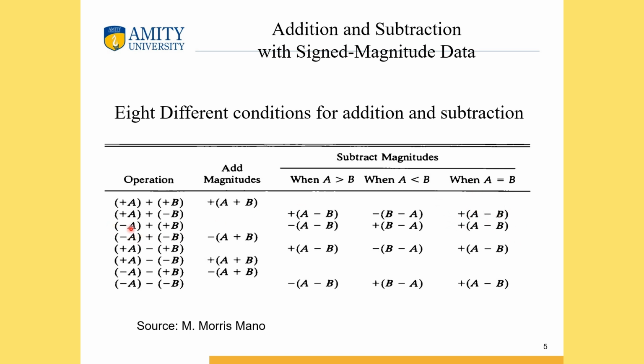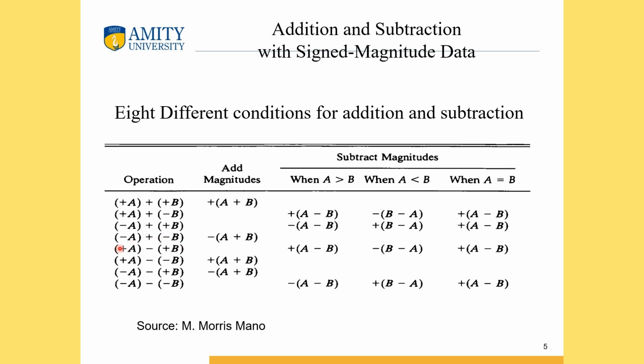When A is negative and B is positive, again we have 3 cases. If A is bigger than B, then the sign will be negative and it is subtraction, A minus B. Finally, when A is smaller than B, it will be a positive sign, B minus A, because this is the same as minus A plus B. When they both are the same, positive sign and subtraction.